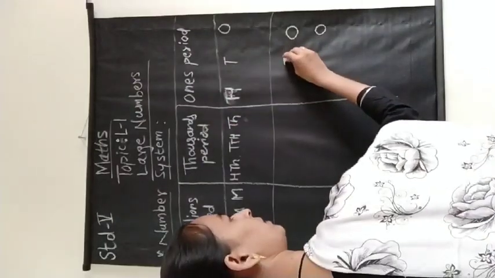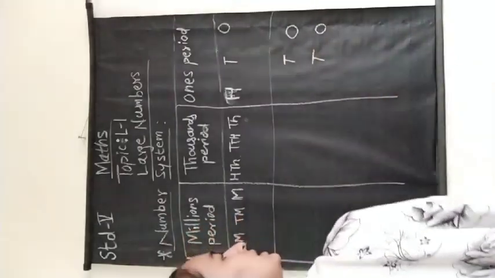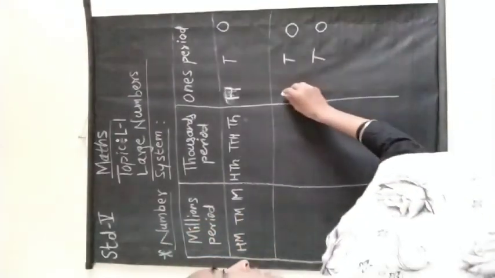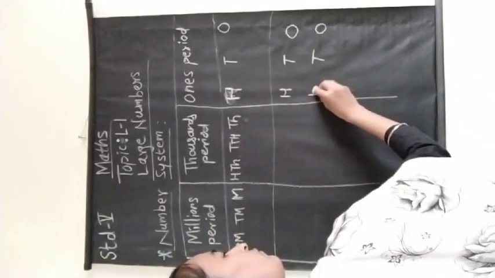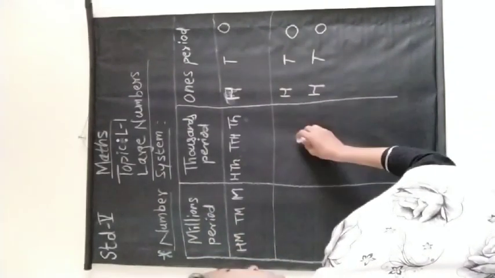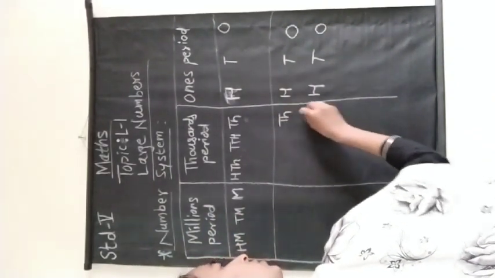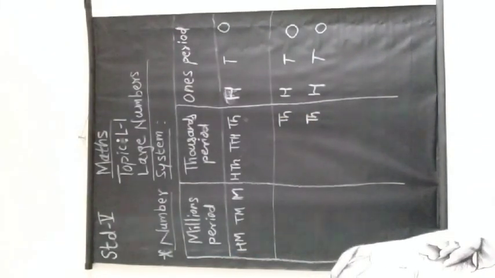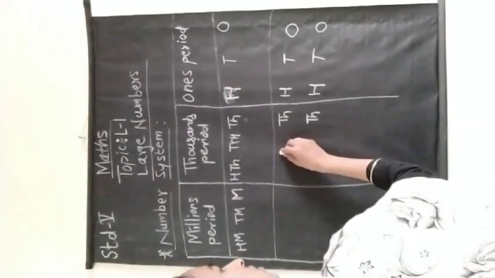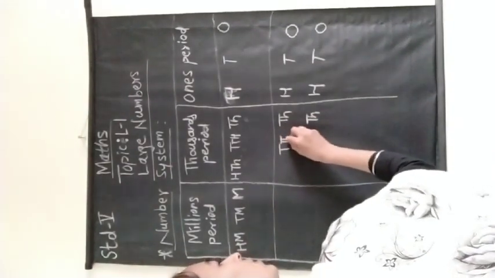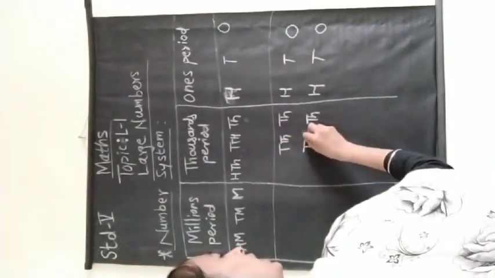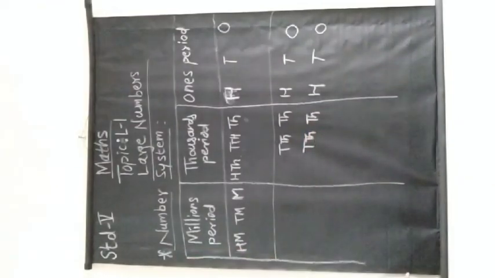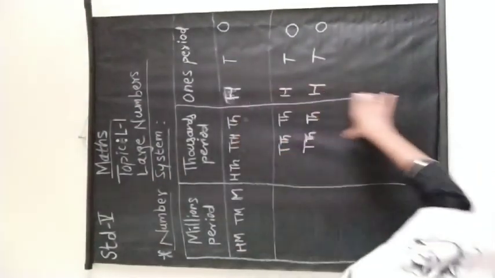Tens is also the same in both. 100 is also the same for both. 1000 is also the same for both. But what about 10,000? It is also the same for both the international system and the Indian system. Till this it is the same.